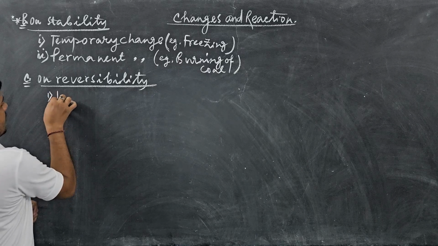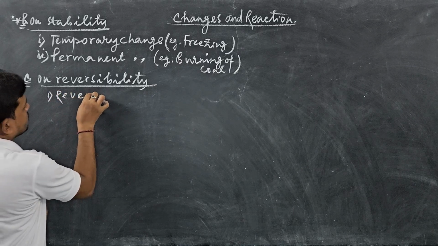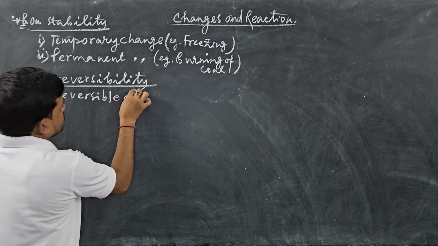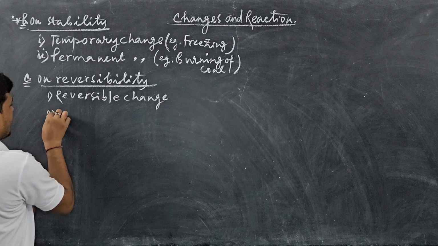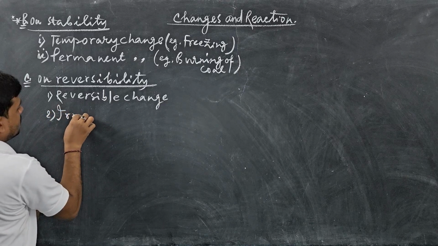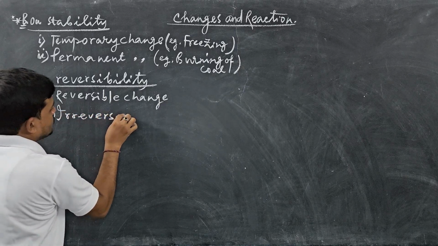Number one, the reversible change. In general, all physical changes are reversible changes, for example sublimation. Number two, irreversible change.